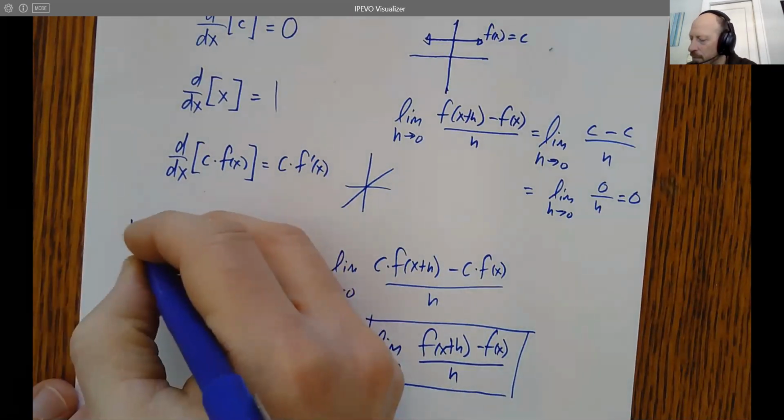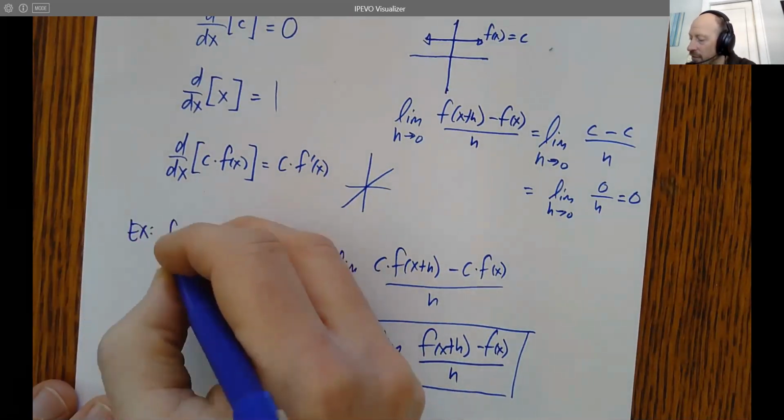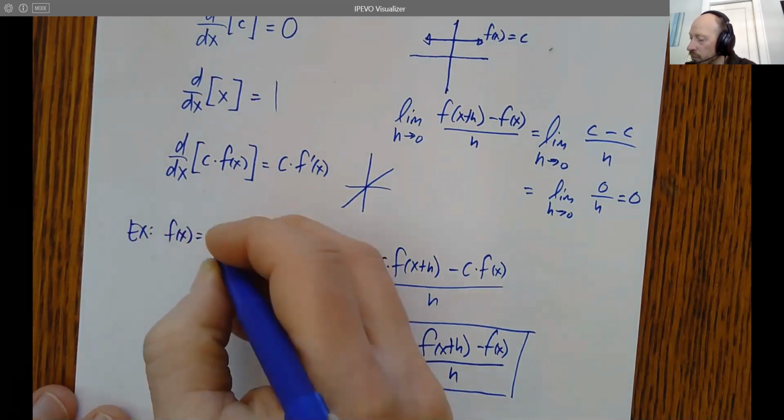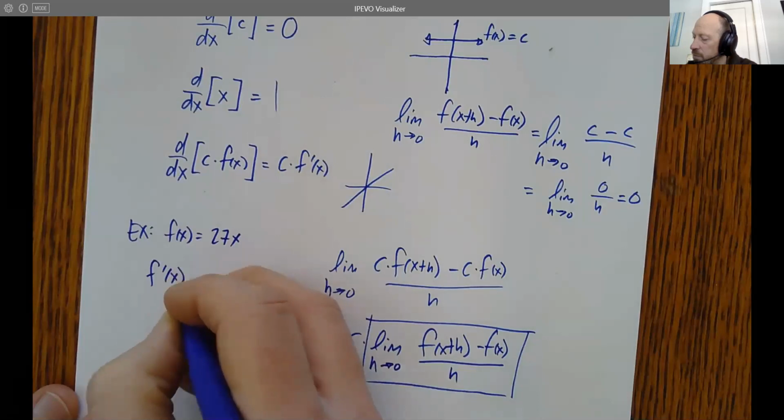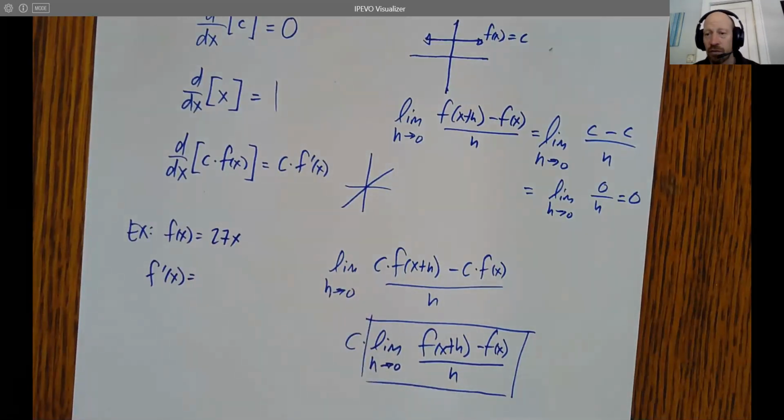An example of that is, what if I say f of x equals 27x? What is f prime of x, the derivative? Now you could certainly go through your definition here, but we like shortcuts, and it's 27. It is exactly 27. Now this one you could think two ways.